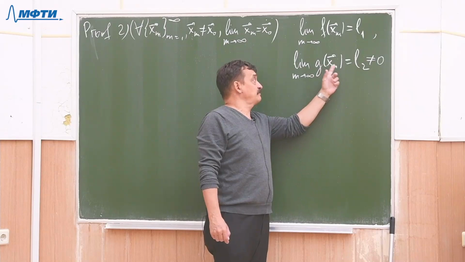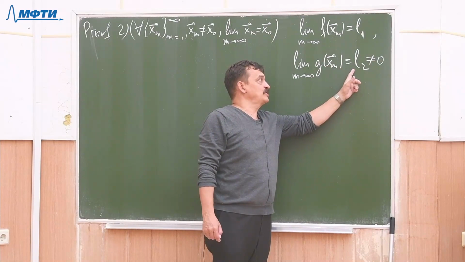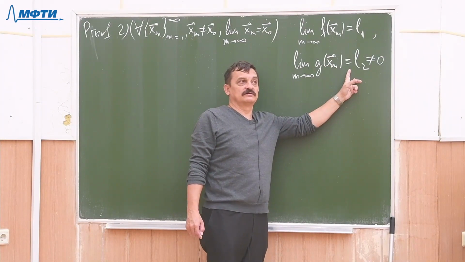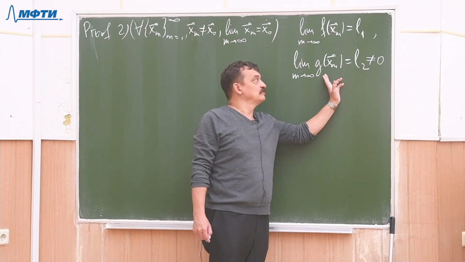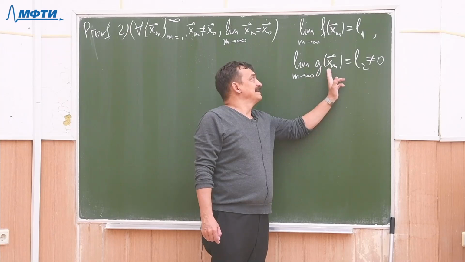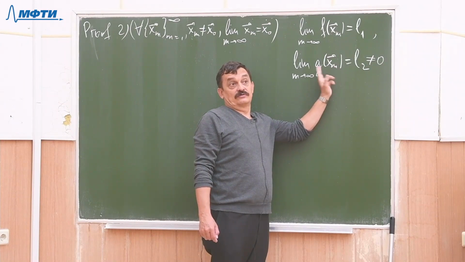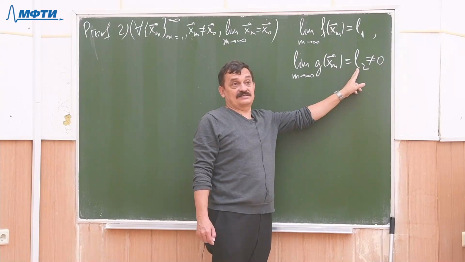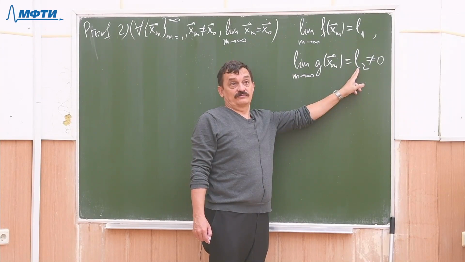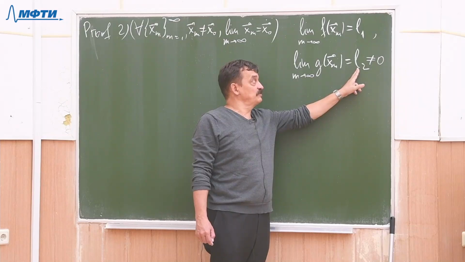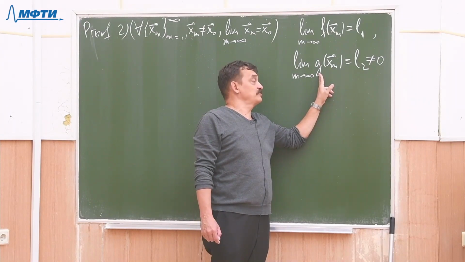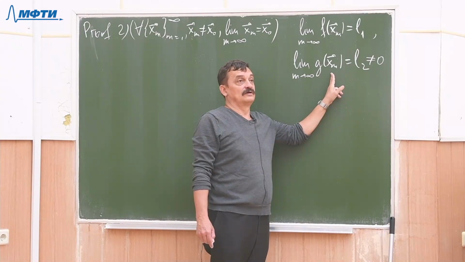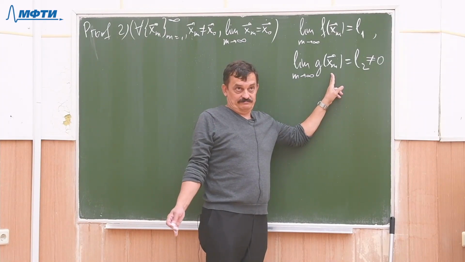If we have a sequence of numbers which has a non-zero limit, then, as we know, the signs of those numbers are the same as the sign of L2. So if L2 is positive, all those numbers are positive starting from a certain number.